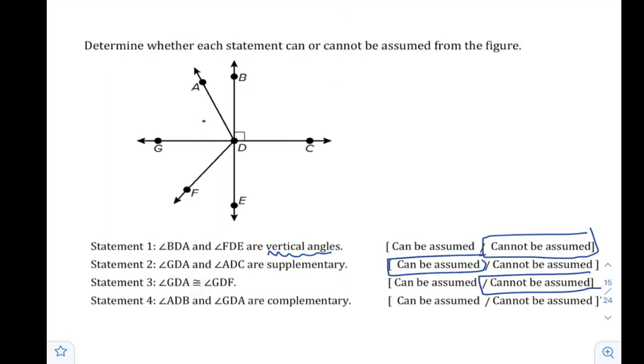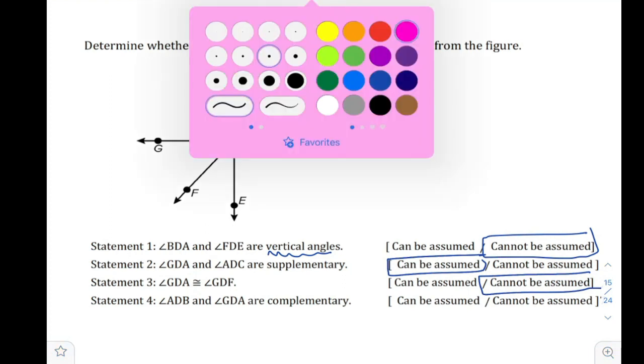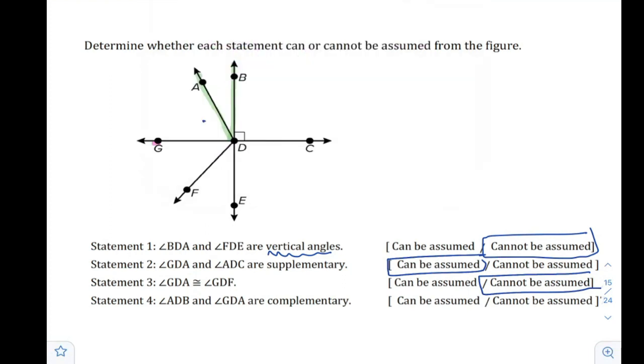Statement number 4 says angle ADB, which is this one, and angle GDA are complementary. Complementary means their sum is 90 degrees. Can we state that? Let's check. This square means that this angle is right, equal to 90 degrees.